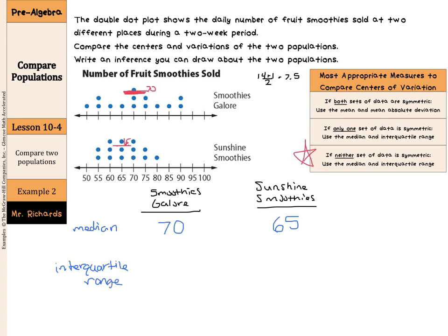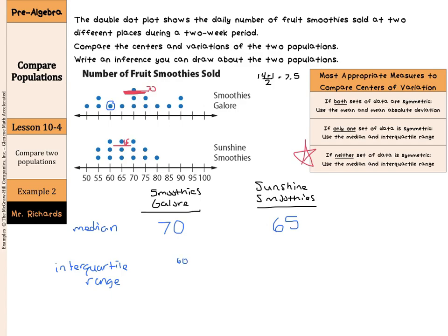Well, we need to find our two quartiles now. And so if we look at the lower half of the data here, there's 1, 2, 3, 4, 5, 6, 7 points. 7 plus 1 is 8. Divide by 2 is 4. So I'm looking for the 4th term, which is right here. So the lower quartile is 60 for Smoothies Galore.